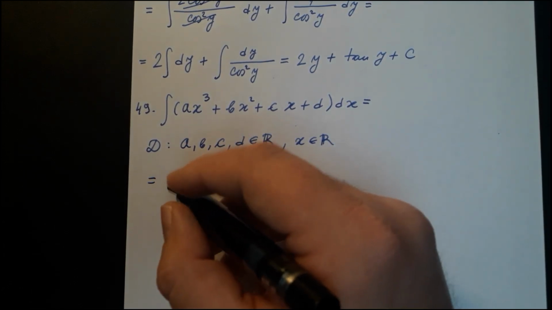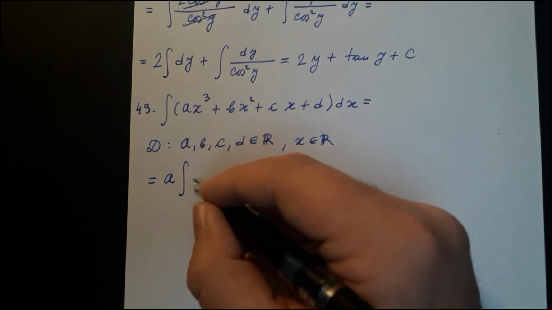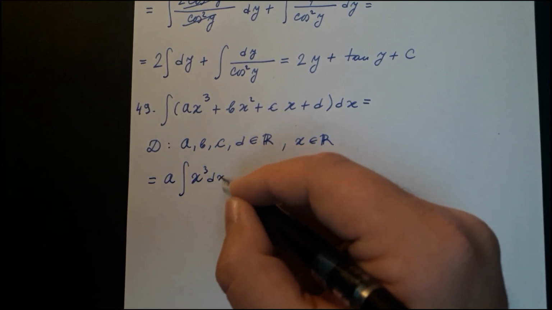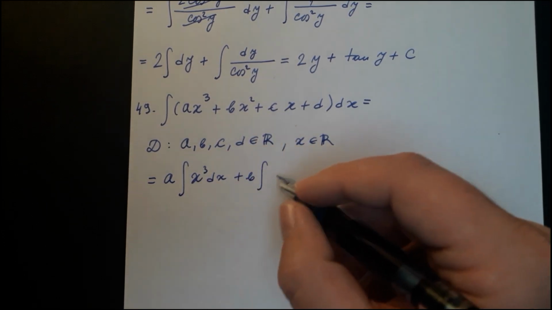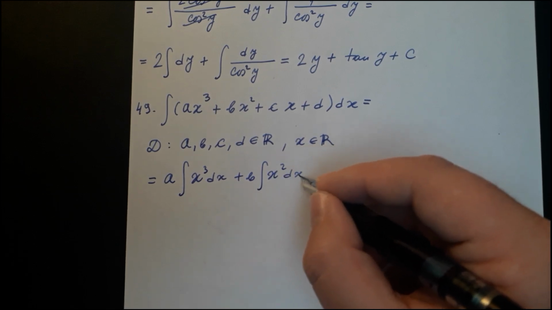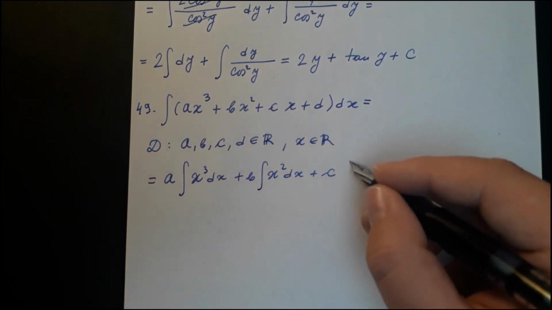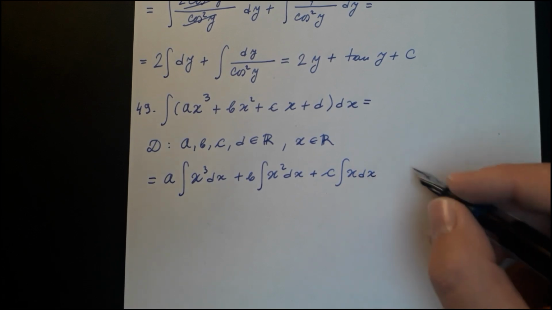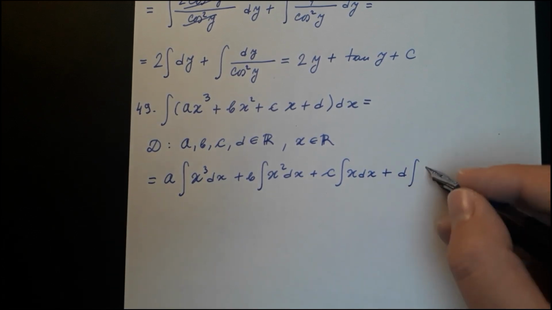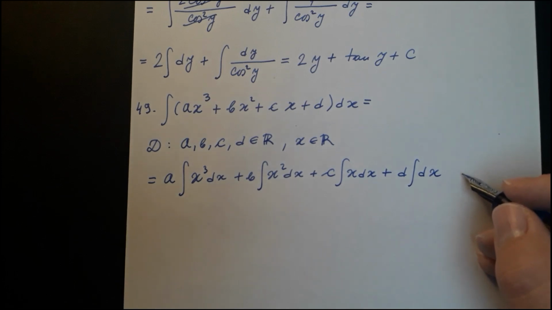So this integral then becomes a times an integral of x cubed dx plus b times an integral of x squared dx plus c times an integral of x dx and plus d times an integral of dx.